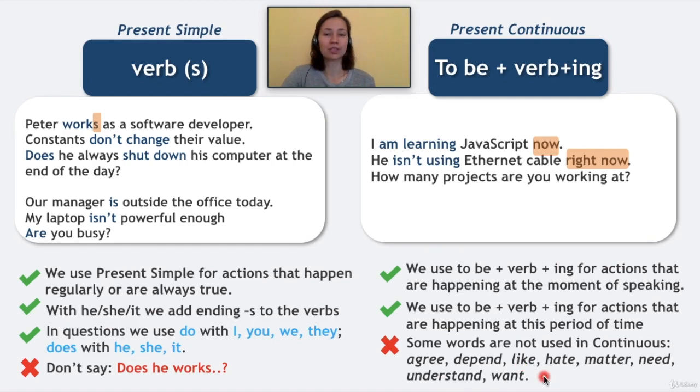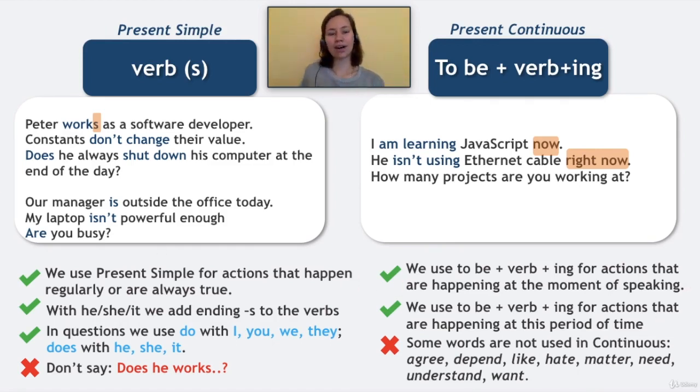It depends on the type of language you use. Yeah, it depends on. You always use present simple for that. Like, hate, matter. Yeah, it matters, or it doesn't matter what country you live in. Yeah, always in simple tenses. Need, understand, want. So just memorize these words down there and remember that they are not used in continuous tenses.